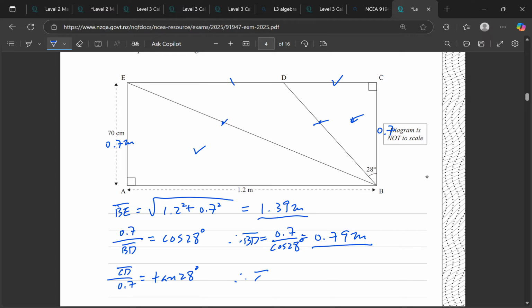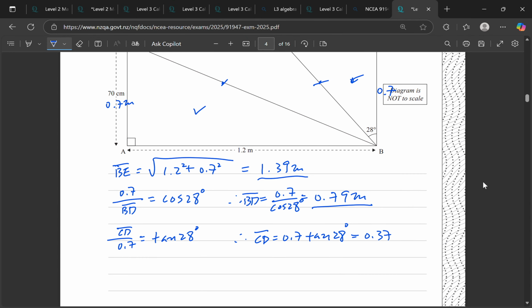Hence CD equals 0.7 tan 28, which gives me 0.37. I need this for DE. So DE equals 1.2 take away 0.37, which gives me 0.83 meters.